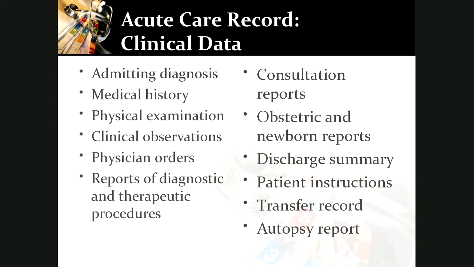A discharge summary. That summarizes the patient's care. Then the patient instructions. What are they supposed to do when they discharge? Do they have certain medications? Do they have wound care? Do they have a return visit scheduled? What are the patient instructions?